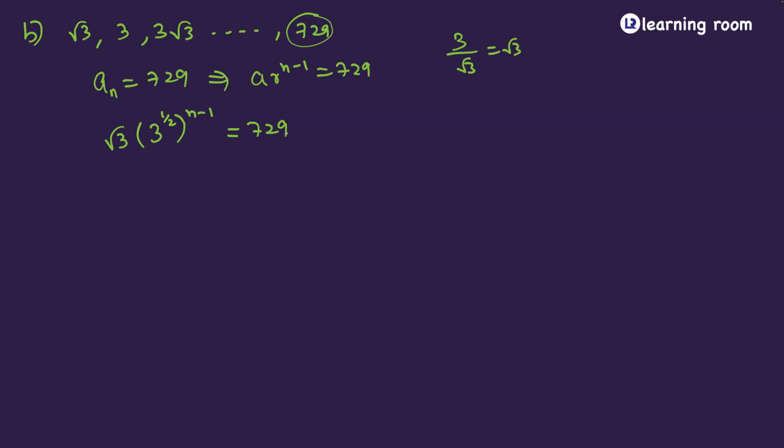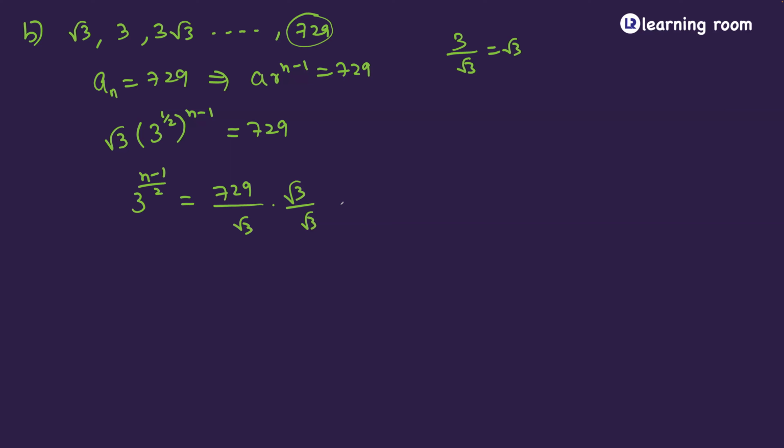Is that right? So how much will you get? You can take the root 3 to the other side. You will have 3 power (n minus 1) by 2 is equal to 729 divided by root 3. And what you can do is rationalize it, root 3 by root 3.